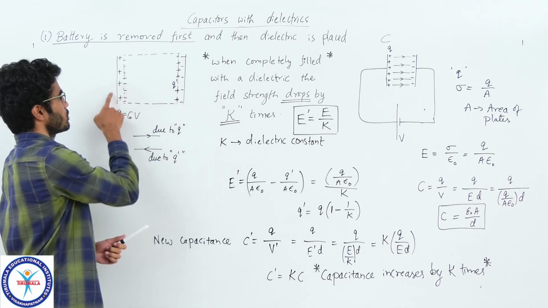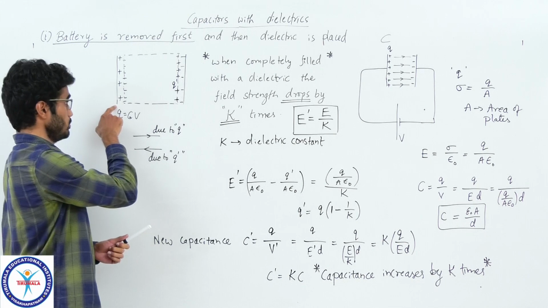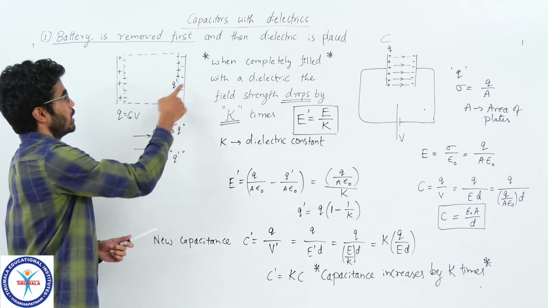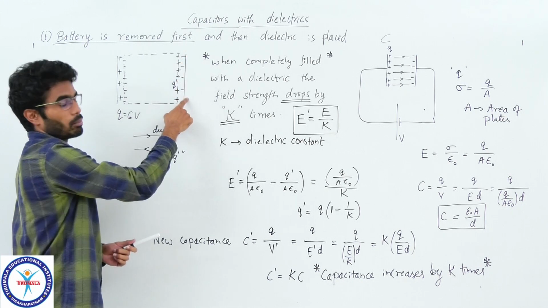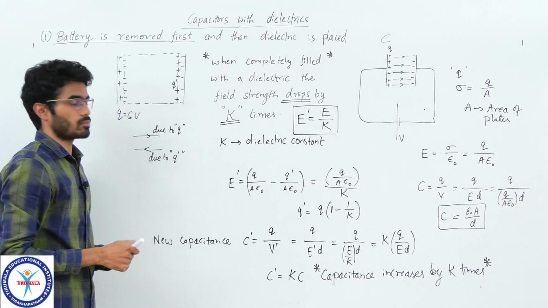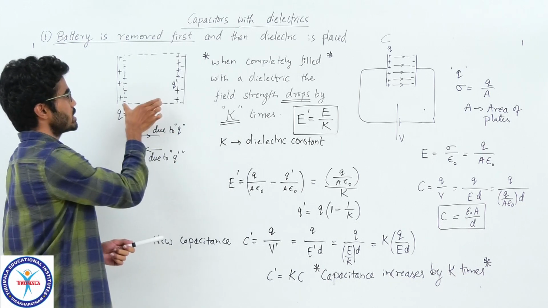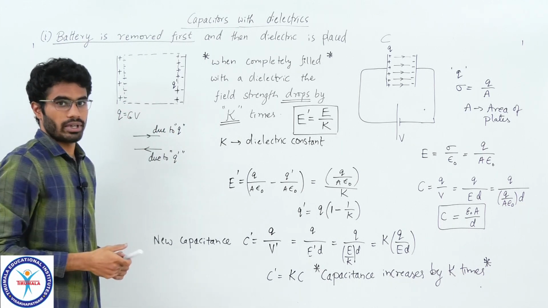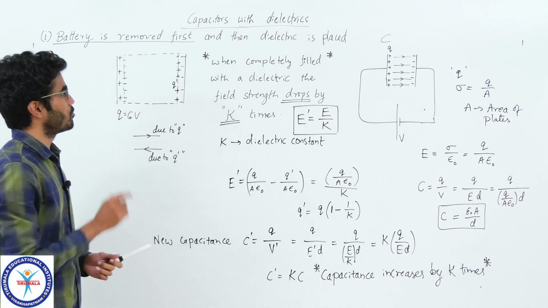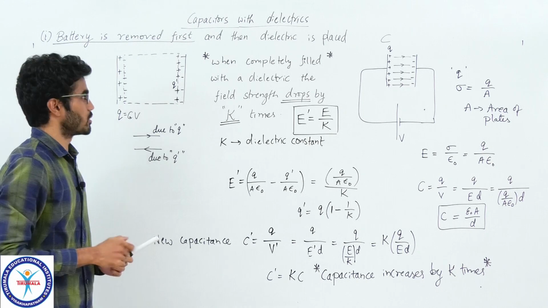If this is the positive plate of the capacitor, a negative surface charge develops on the dielectric, and near the negative plate of the capacitor, positive charge appears on the surface. Because of these charges, there is another field present here. As a result, the field within the capacitor gets affected.